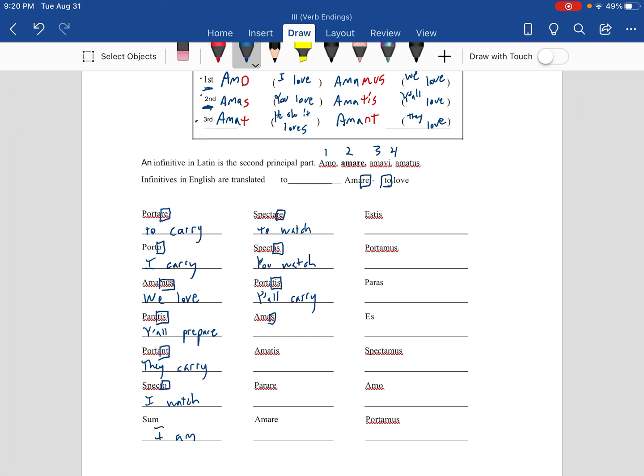Amas, S is you. You love. Tis is y'all love. RE, to prepare. RE again, so to love. Tis is y'all, so y'all carry.